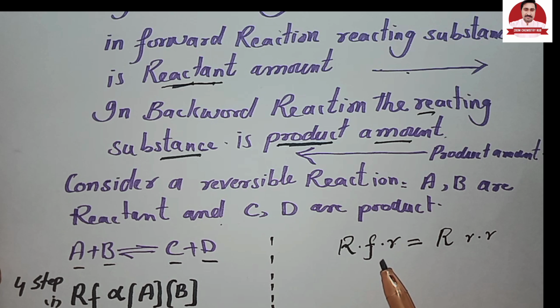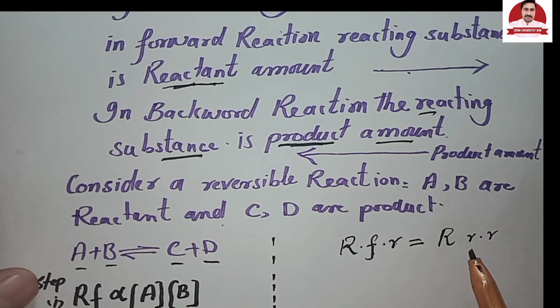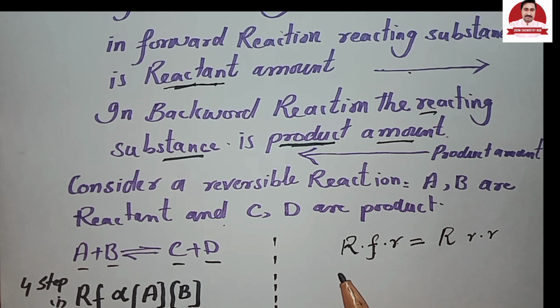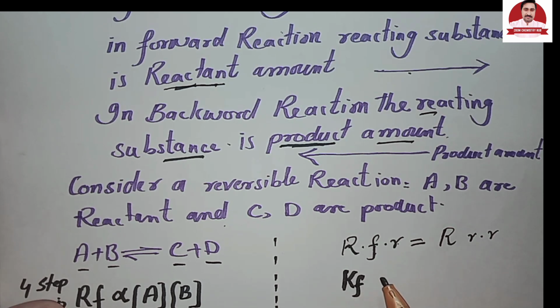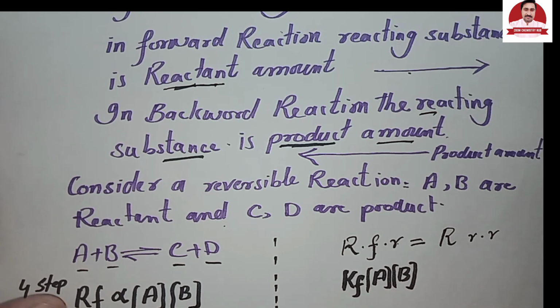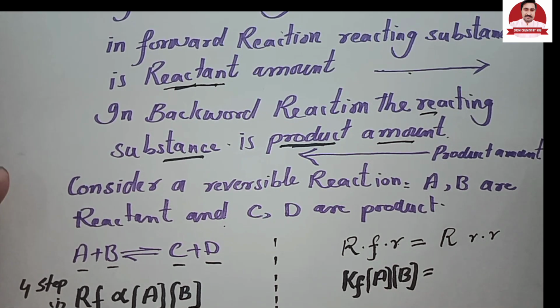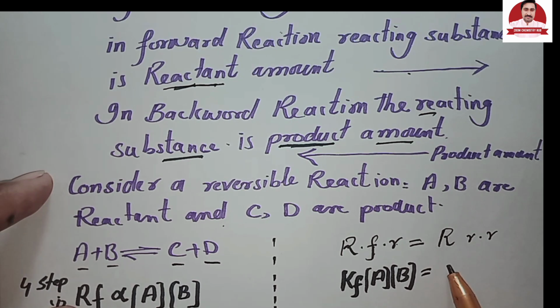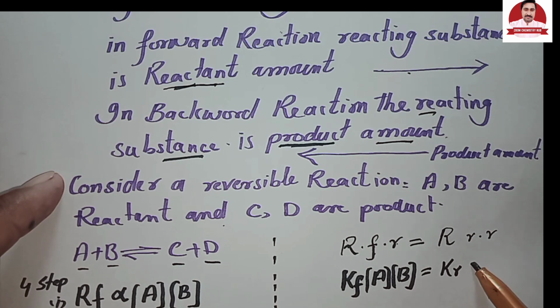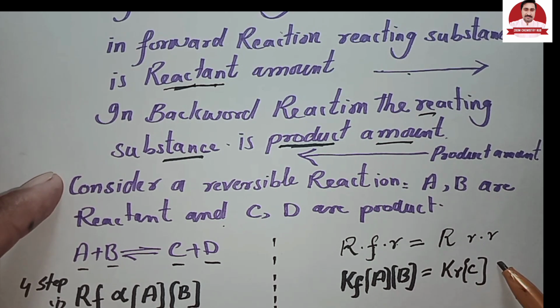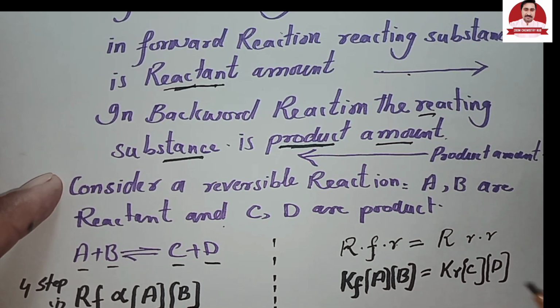The value of rate of forward reaction is Kf into the concentration of A and the concentration of B, is equal to the value of rate of reverse reaction, which is the constant Kr into the concentration of C and the concentration of D.